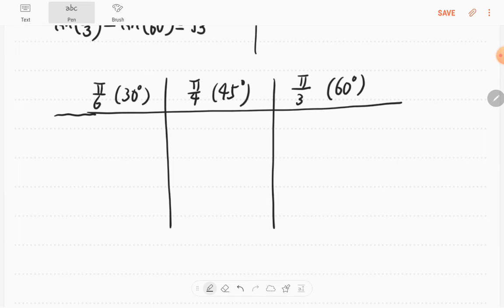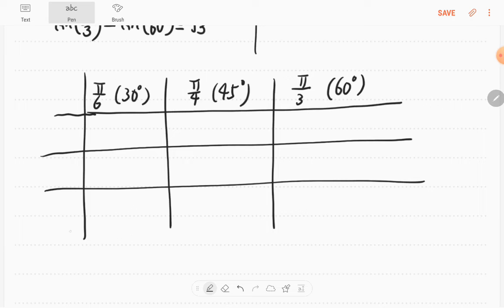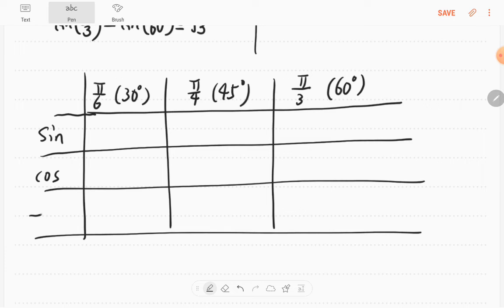And this is the sine function, cosine function, and tangent, right? Sine of pi over 6, 30 degrees, is 1/2. And cosine is square root 3 over 2. And tangent is square root 3 over 3, we just calculated, right?